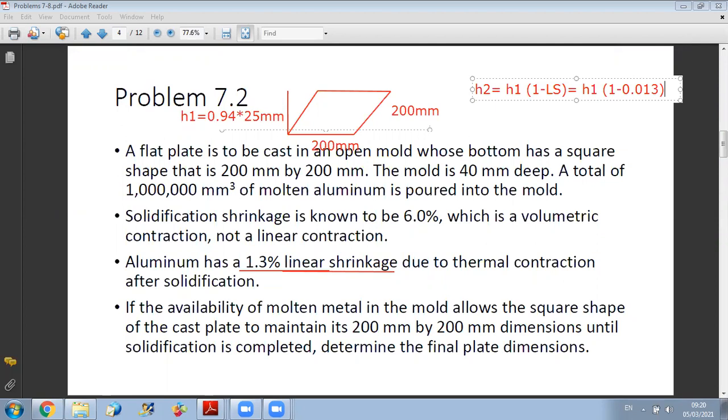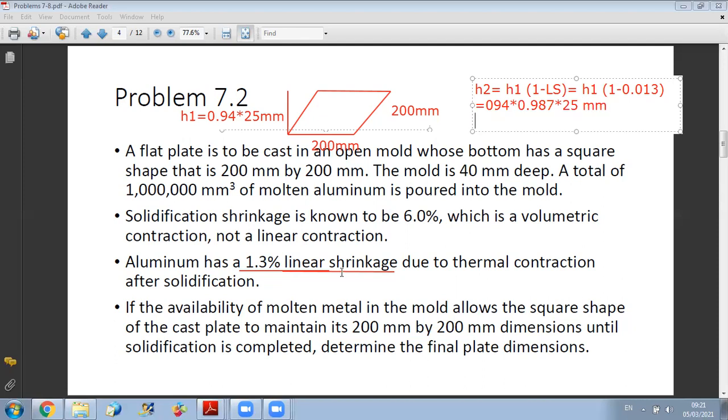This will give you the value of H2. So in total, H2 is equal to 0.94 times, since 1.3% shrinkage means the remaining is 98.7%, 0.987 times the initial height, which is 25. So this will give you the final height after complete solidification and after thermal contraction. This is the value of H2.